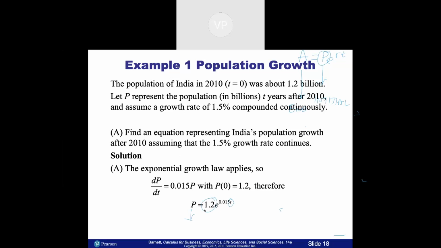If you put 10 in there, it's going to be the population 10 years later. And this 0.015 comes from the growth rate. What I want to remind you is when they tell you a rate is 1.5%, always remember you don't use percents in these equations. You always have to divide by 100 to get this 0.015.